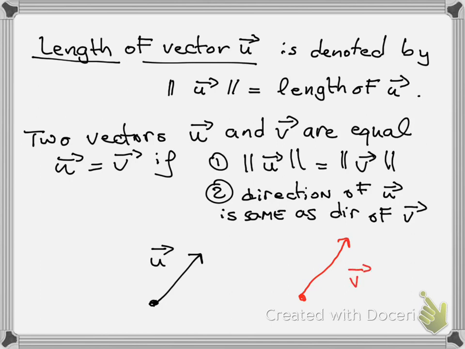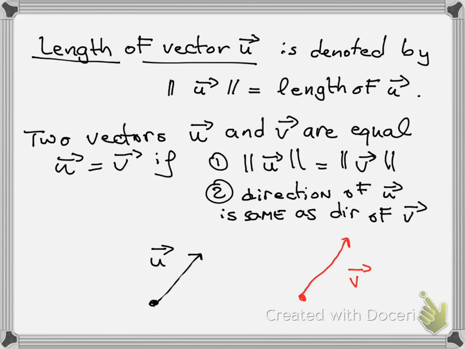Well, you see here, u and v have the same length. If you measure the distance from the initial point to the terminal point, both vectors have the same length, right? And moreover, both have the same direction. They are parallel, they go in the same direction. So these two vectors are equal. They represent the same vector.